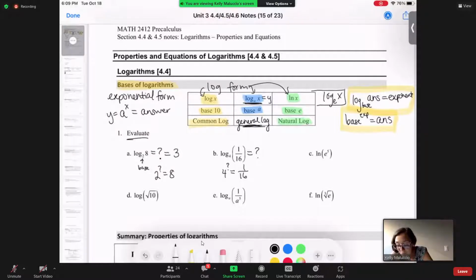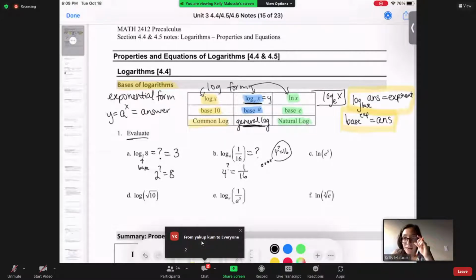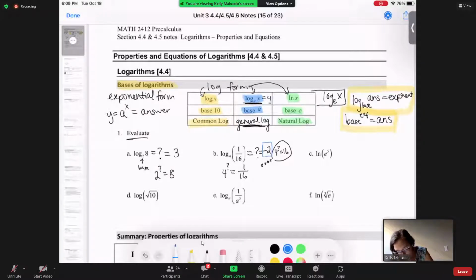So I really am thinking in my head, these are my thought bubbles: 4 to what power equals 16, and then I just make it negative. So this means it's going to equal -2, right?